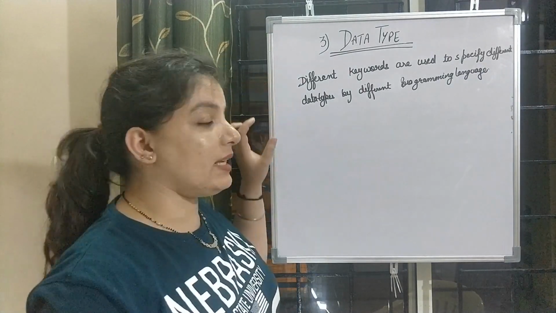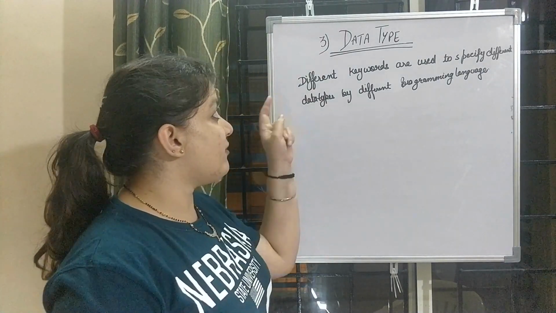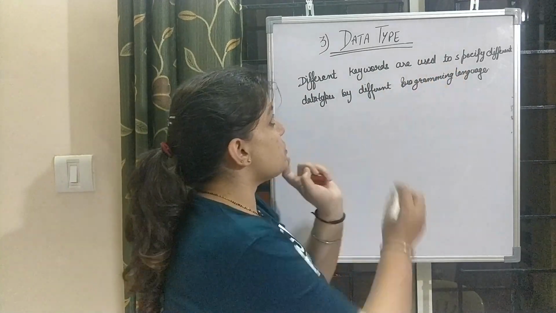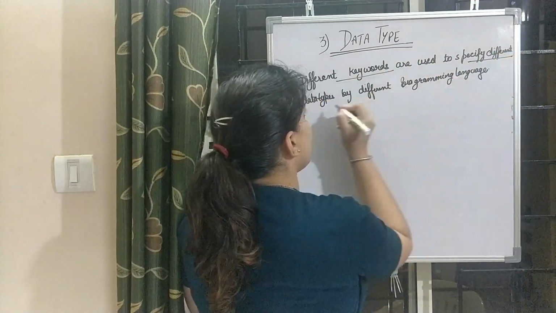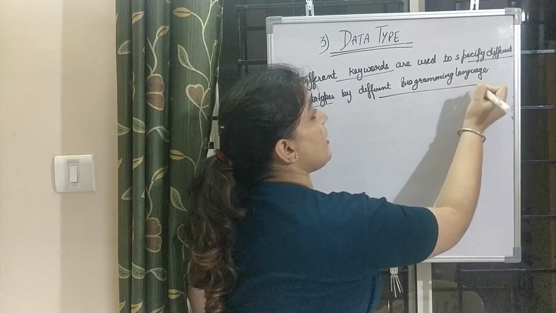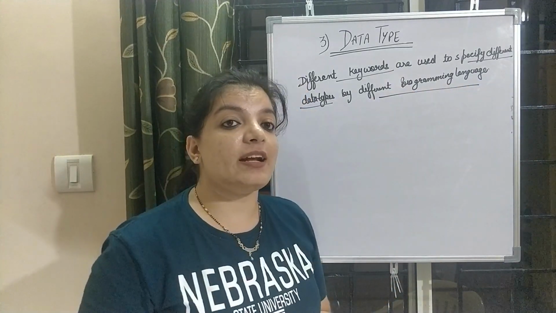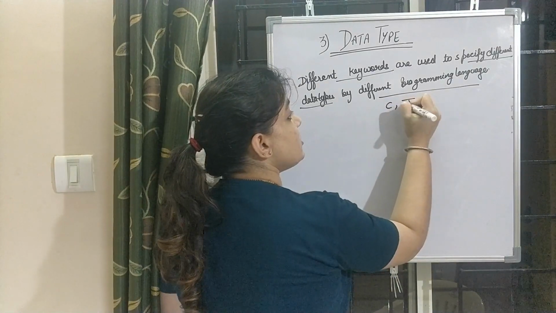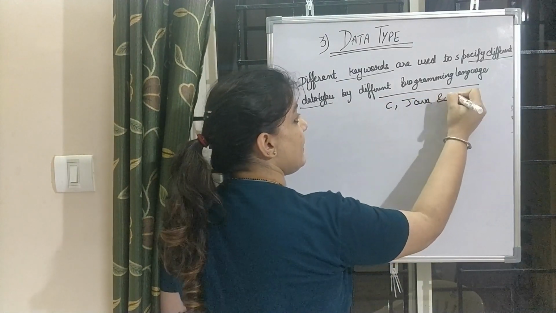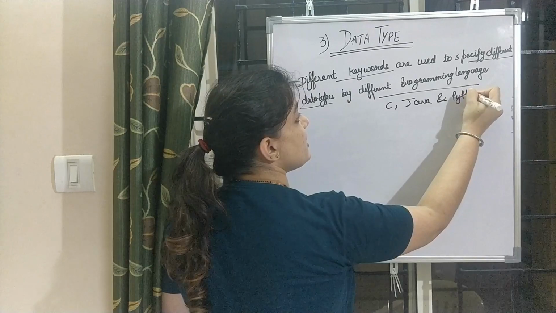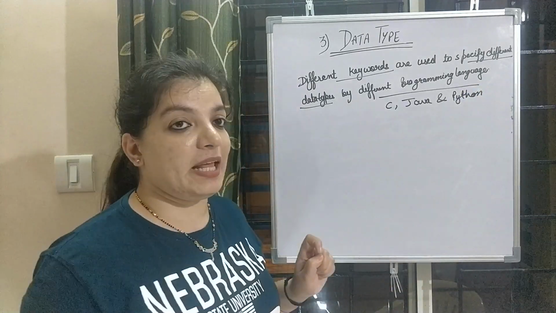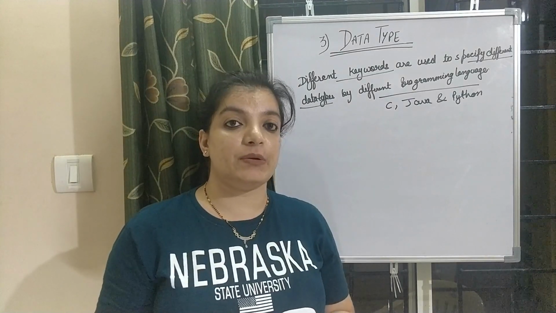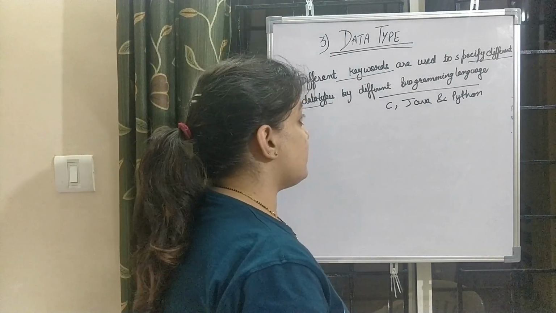So this is your second topic. In this topic we will discuss what different keywords are used to specify different data types by different programming languages. Here we are taking the programming languages C, Java and Python. We will discuss the data types and what data type keywords are used to specify a particular data type.